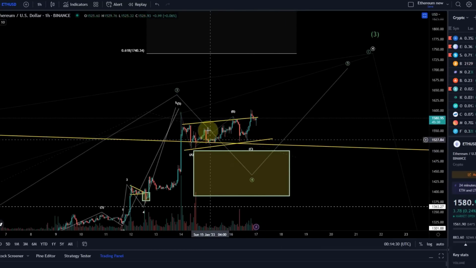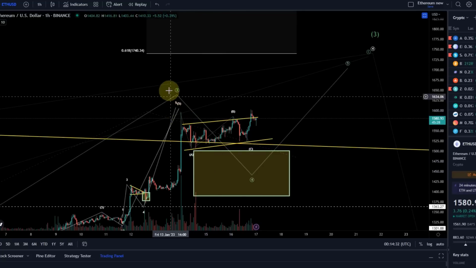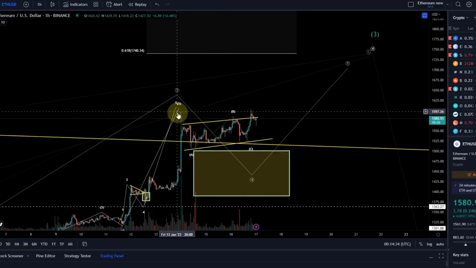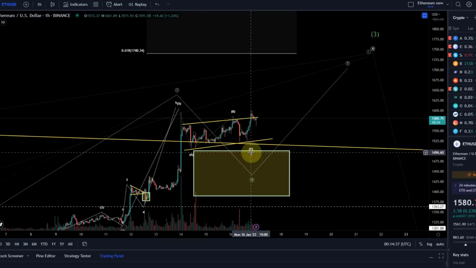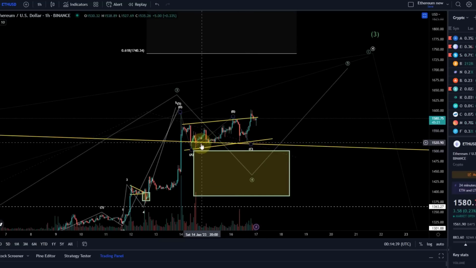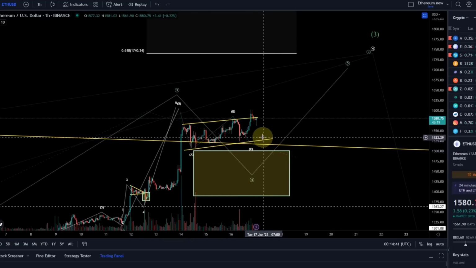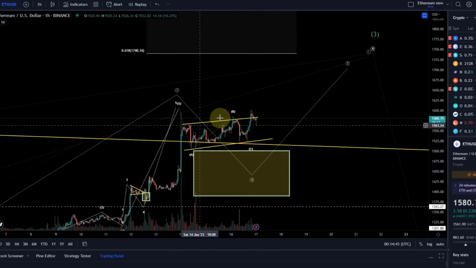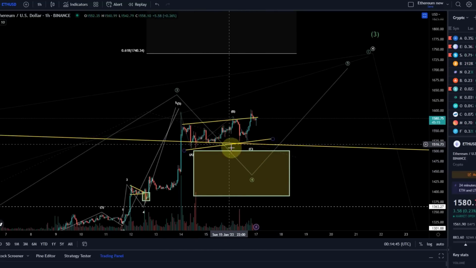That was the alternative pattern anyway, and that this is either a running flat pattern, that's a possibility, a bit like Bitcoin, but again, it doesn't really matter how I label it now in detail.